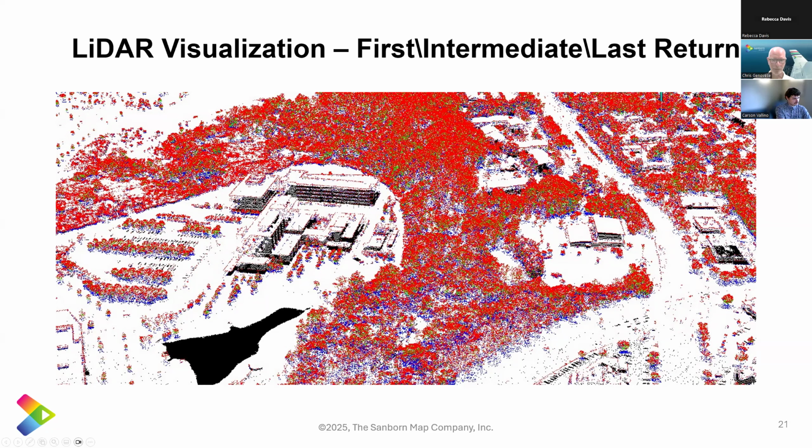And a lot of that's going to be more of your man-made type features, right? Your roads, plowed fields, buildings, things like that. Where you get into more of the vegetation, trees and shrubs and other things, you're going to have multiple returns for any single location. And that's where you're seeing these reds and greens and blues within the picture. So those are the intermediate and last returns from some of those objects.